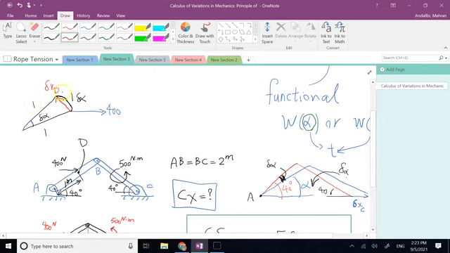Or you can say the work is the force times the displacement times the cosine of the angle in between, and the angle in between is this angle here. So the question is, how much is that angle? If we can find that angle, that will give us the work done by the 400 Newton.